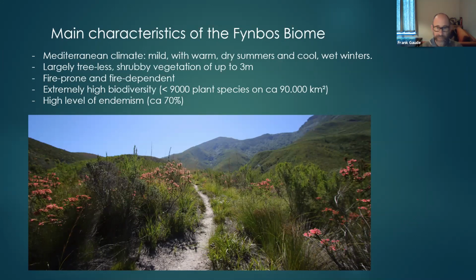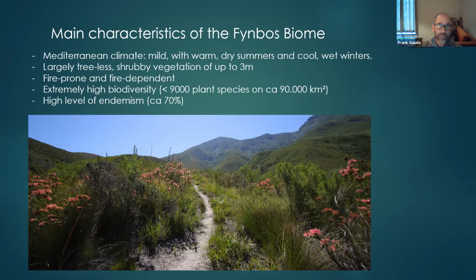It's a fairly moderate climate. It looks more or less like other vegetation types with similar climate, like in the Mediterranean itself, or in California, everywhere where you have a winter rainfall climate. It looks initially fairly similar, but there are some differences.